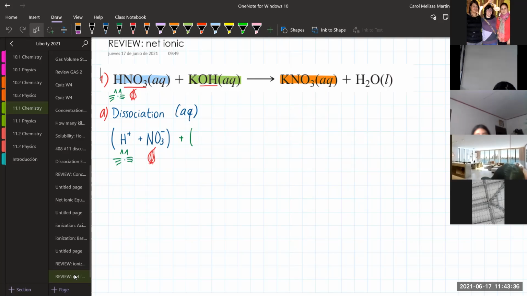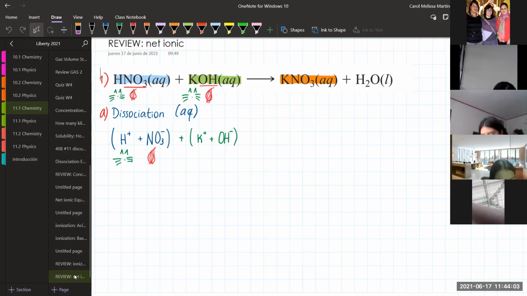Potassium is the metal, and so potassium is going to be the cation. Potassium is K plus ion, and this is combined with OH. OH is the anion, and it is written as OH with a charge of -1.